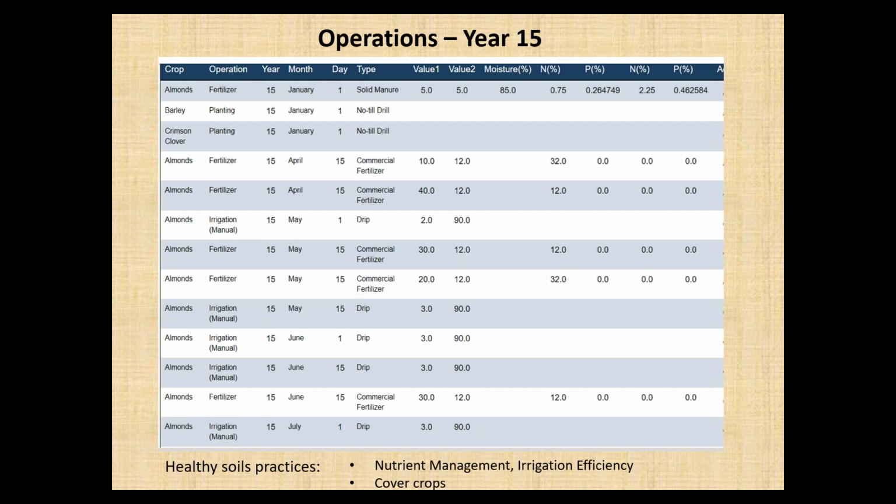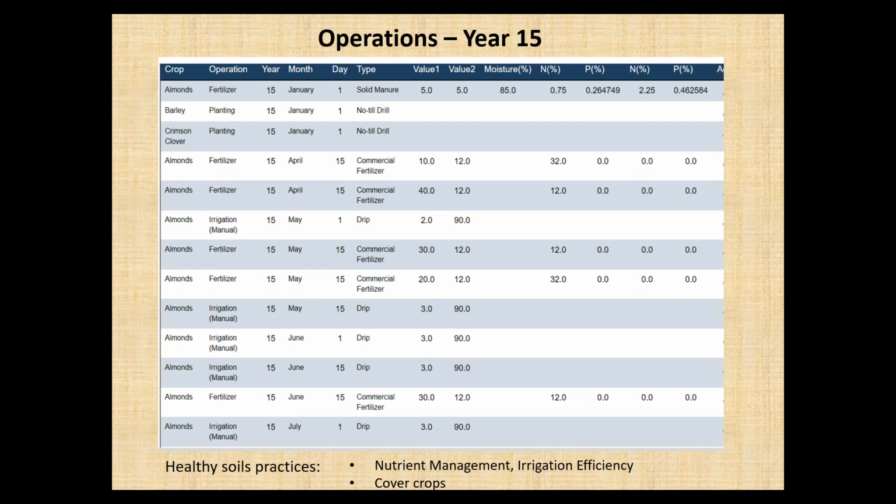And then the cover cropping, barley and crimson clover mix. There's not a lot of selections available, so I've just entered an approximate mix of barley and crimson clover, and then the rest of all the operations that are done in the orchard that year.